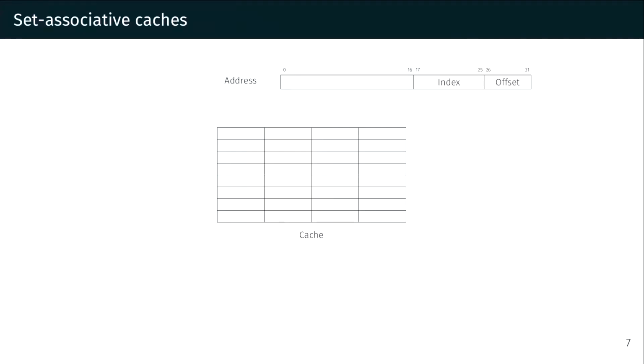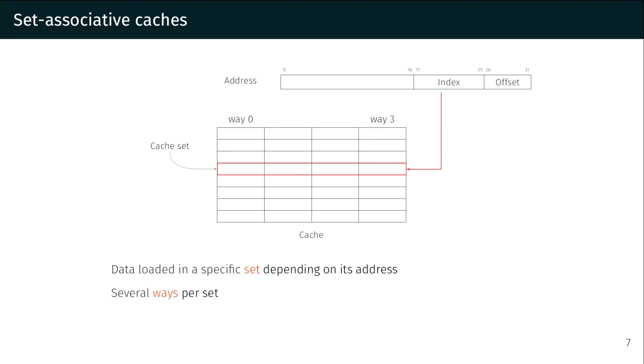Today we mostly have set associative caches. What it means is that data is loaded in a specific set, and that depends only on its address. Some bits of the address give us the index, which says the line is going to be loaded in this cache set. Then we have several ways per set, here four ways.